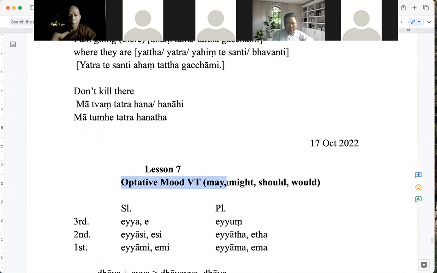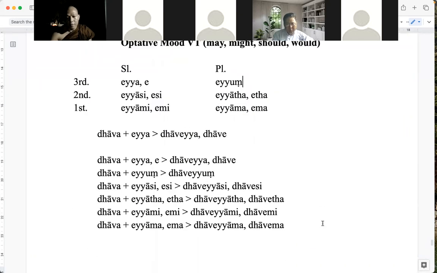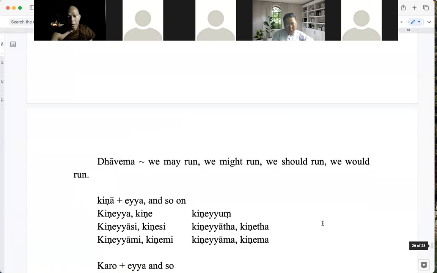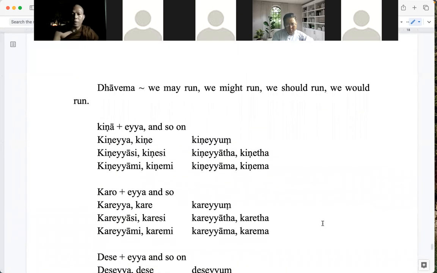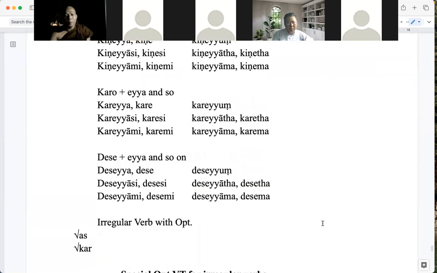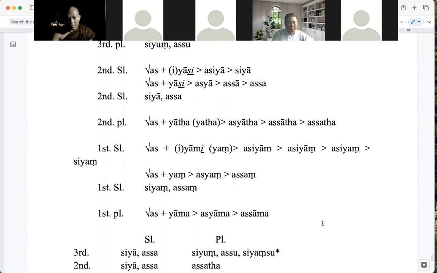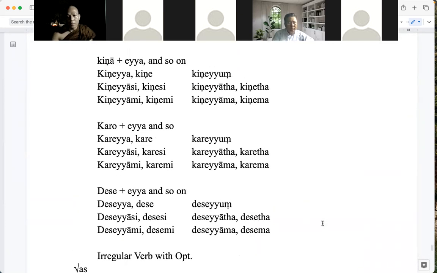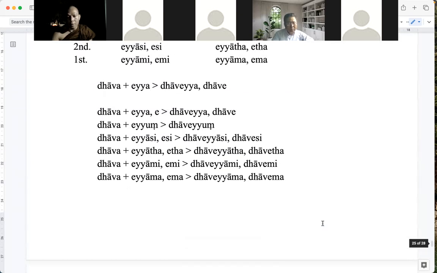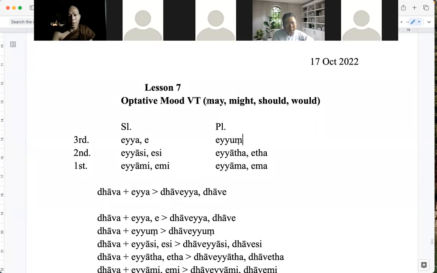So now, how to translate. Actually it's not so difficult, because the signs of the optative are equivalent to the auxiliary verbs may, might, should, or would in English. Using those auxiliary verbs, we can translate.